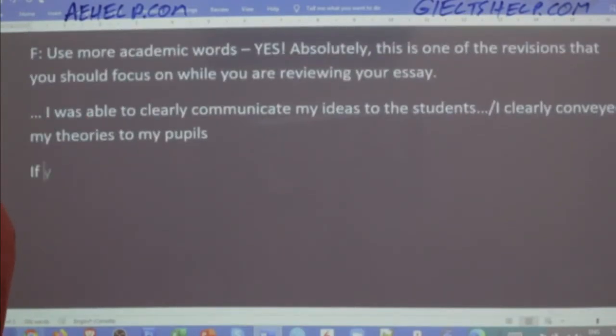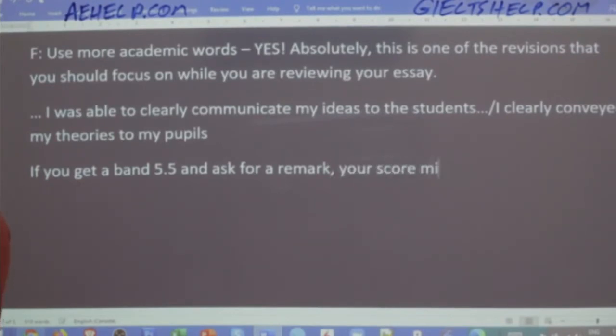So if you get a band 5.5 and ask for a remark, your score might improve.